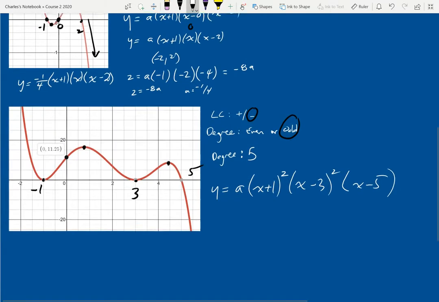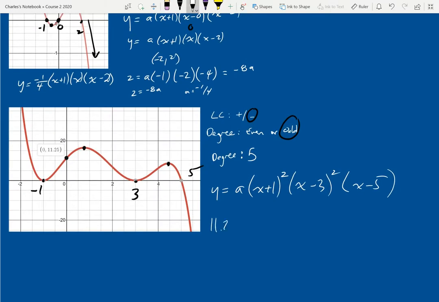Then it looks like I'm going to use the point where 11.25 is equal to a times 1 squared times -3 squared times -5, which means 11.25 is equal to a times 9 times 5, which is 45.